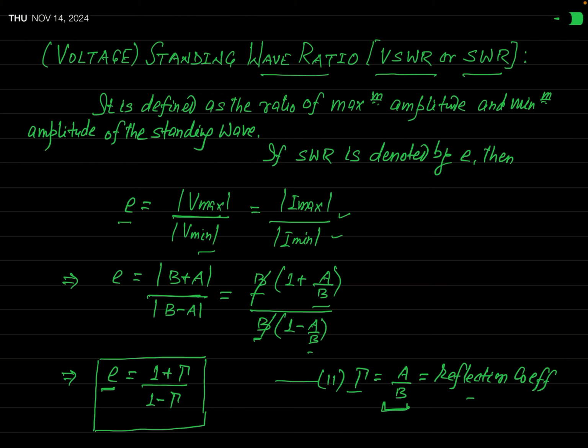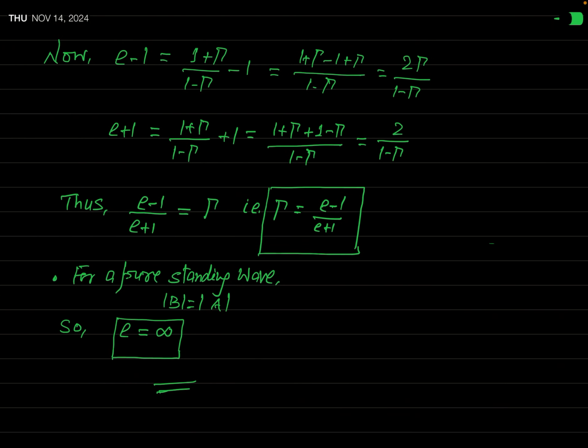Now, in terms of e, you can also express the value of gamma. For this, let us see. If you try to find e minus 1, you have seen that this e, which is SWR, that is the standing wave ratio, is 1 plus gamma over 1 minus gamma.